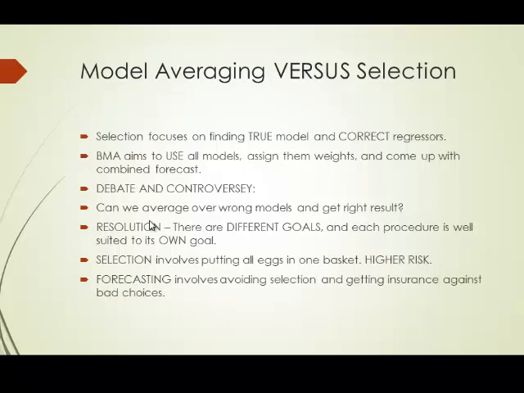And so I take 1,000 different models. Some people attack this approach, and there's a regular debate in the literature: look, what are you doing here? You have only one true model, so you're taking 999 false models and one true model, and you're averaging all of them. How can you possibly get a good result by this?